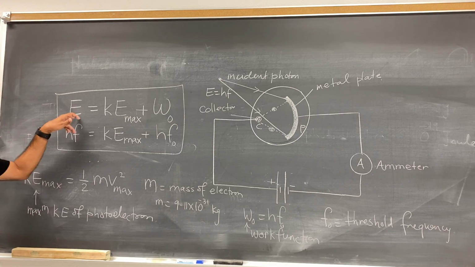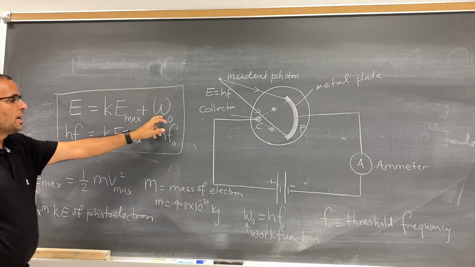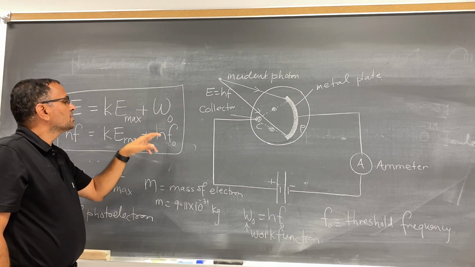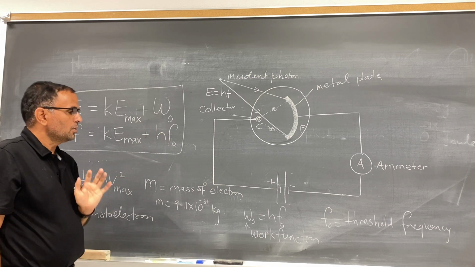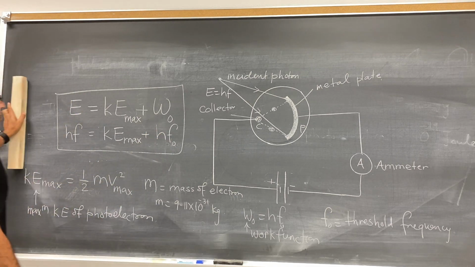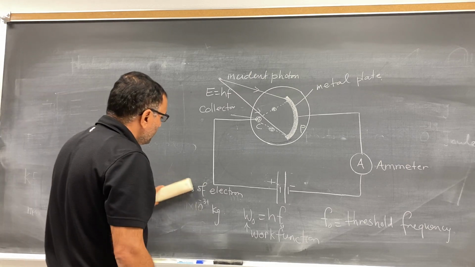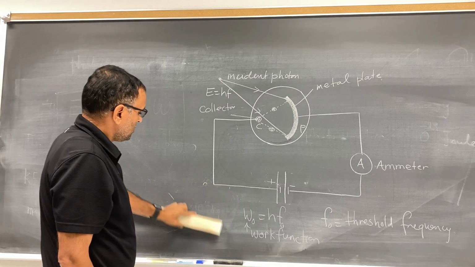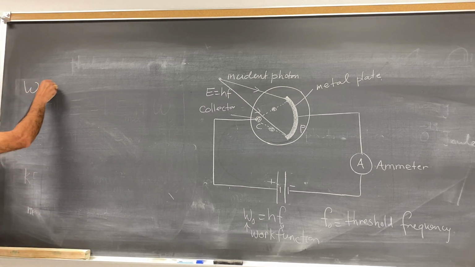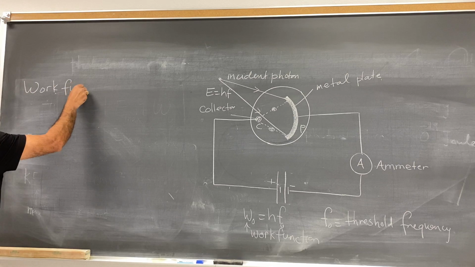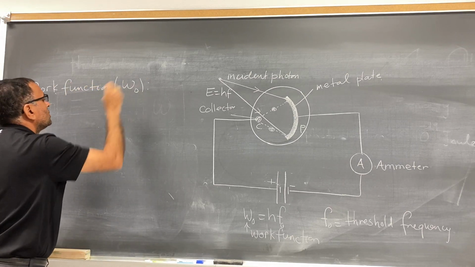The only thing is I write the E as h times f, plus the kinetic energy, and omega 0 is the work function, but the work function is also an energy. That is why it is h times f of 0. Okay, so let us define what the work function and the threshold frequency are. Work function, omega 0.